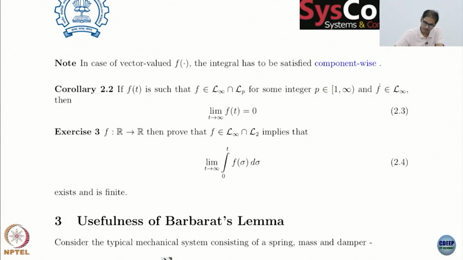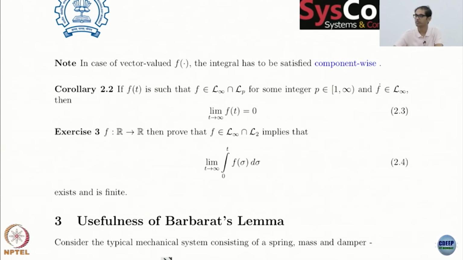There is also a simpler version, a corollary. The corollary is that if the function is L infinity and Lp for some p which is not infinity, and further f dot is L infinity, then the limit as t goes to infinity of f of t is 0.